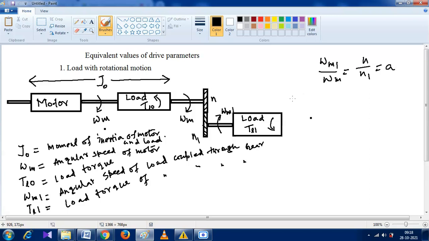What is a? a is the gear teeth ratio. Have you understood that?